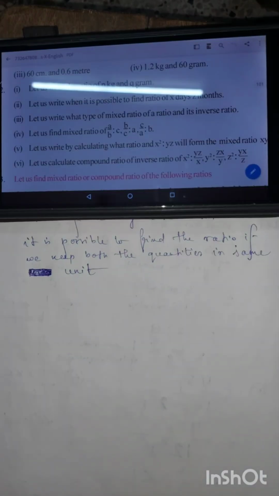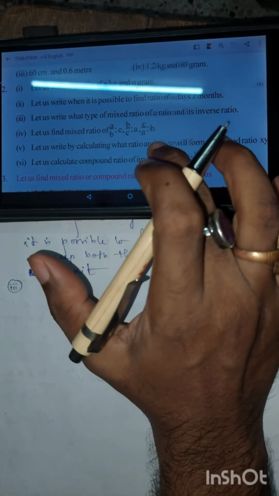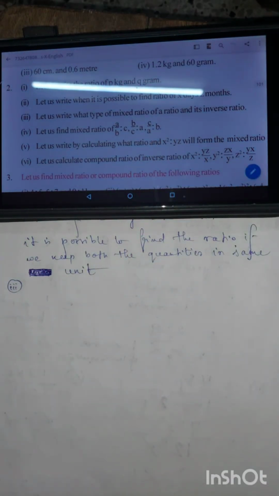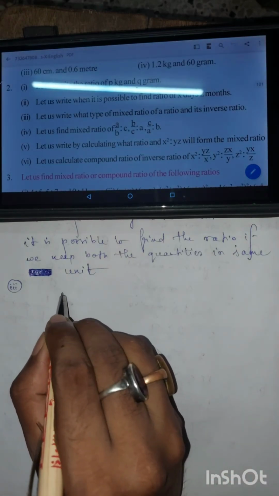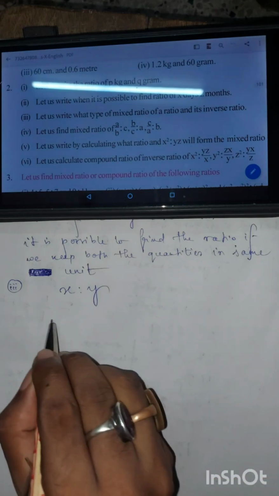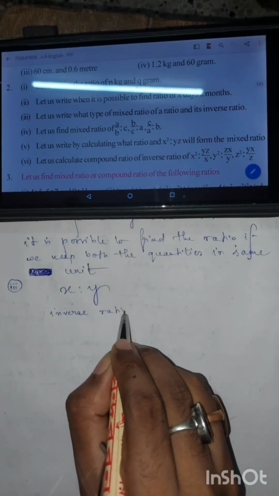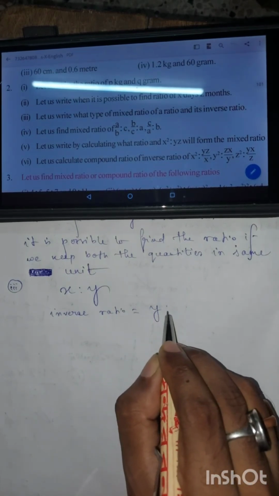Question number 3 says, let us write what type of mixed ratio is formed by a ratio and its inverse ratio. Okay, so let us consider one ratio x is to y and its inverse ratio is y is to x.